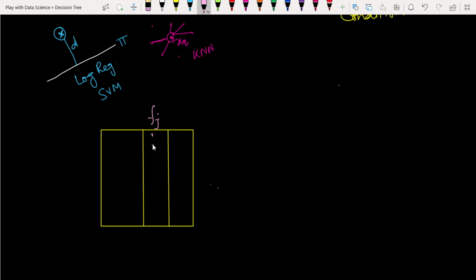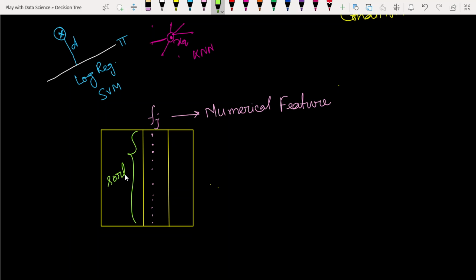If we have a numerical feature, then first we sort these features, ascending or descending as you like. According to the sorted feature values we will decide the threshold value.